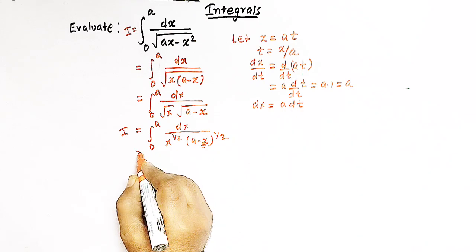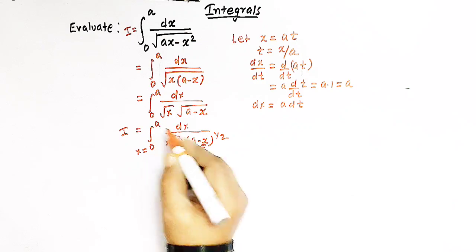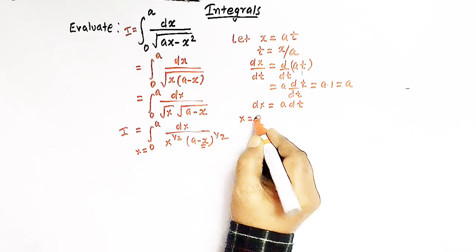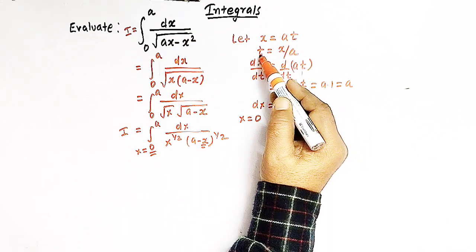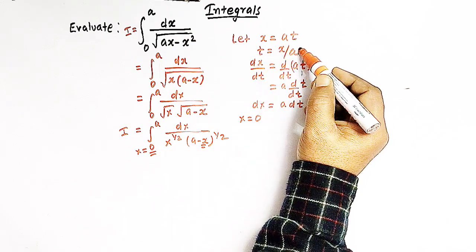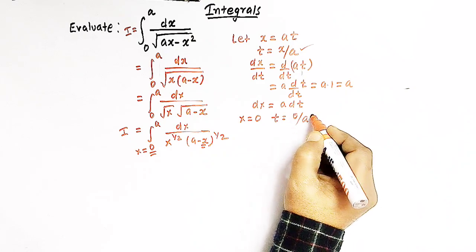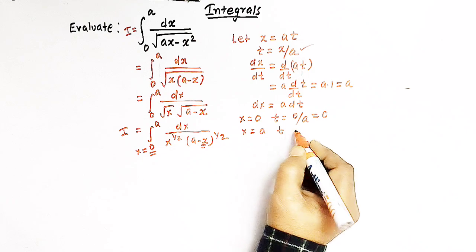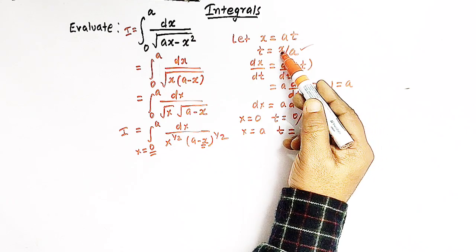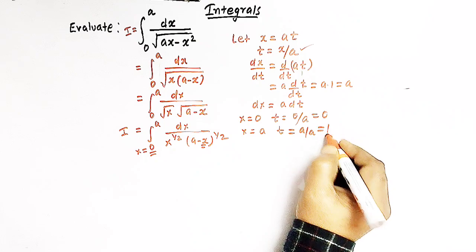Now here the limits of integration vary from 0 to a. So when x is equal to 0, which is the lower limit, the value of t can be obtained from this relation. So we have t is equal to 0 over a, that is 0, and when x is equal to a, then t is equal to a over a, that is 1.